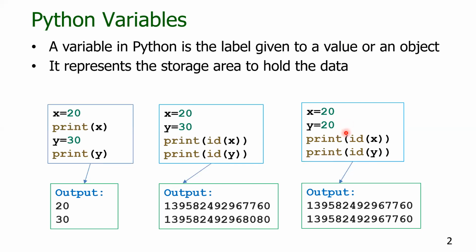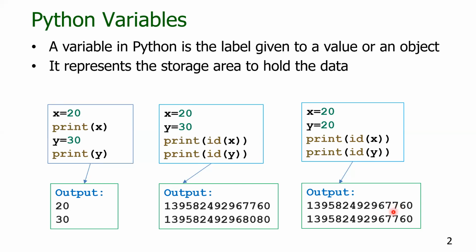Let us also observe another piece of code where the values of x and y both are assigned with 20. That means both the values of x and y are same. In this case, if we try to print the id of x and id of y, both are same. Though we have given two different labels for the same value 20, the memory is going to be allocated only once.